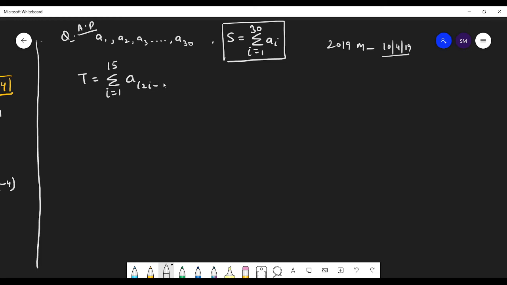If the 5th term is 27 and S minus 2T equals 75, a lot of information is given in this question, isn't it? Then you have to find the 10th term. So it means you have to find A1 plus 9d, isn't it?